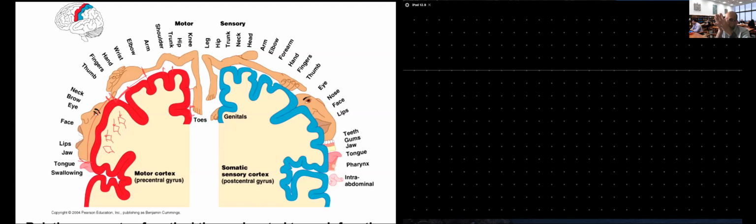And as they have large numbers of receptors to detect better sensations, they have a greater brain site that will be decoding those signals.